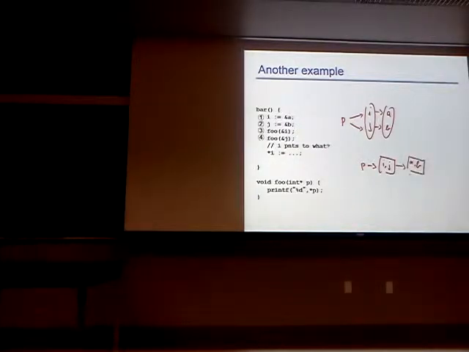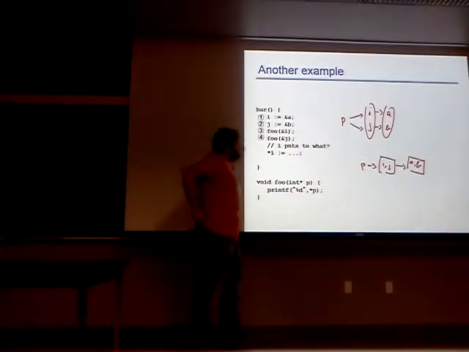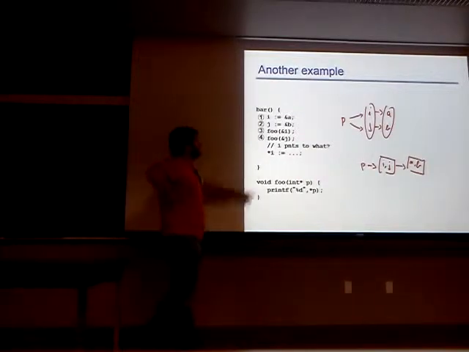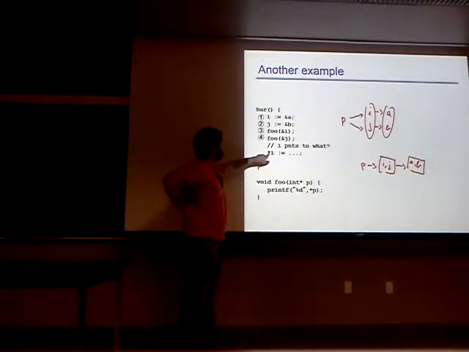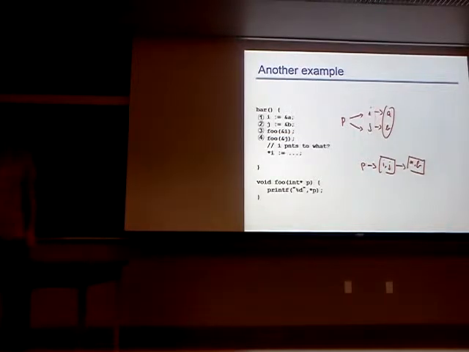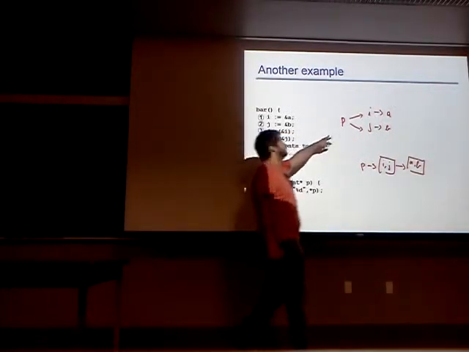Right? Now, notice what happened here, which is really weird, right? So now you actually ask, what does I point to here? According to the Steensgaard analysis, well, first of all, if we did Anderson, this is what we would get.